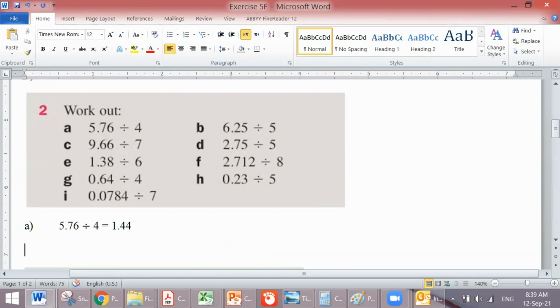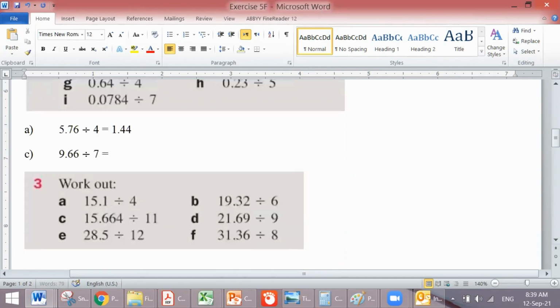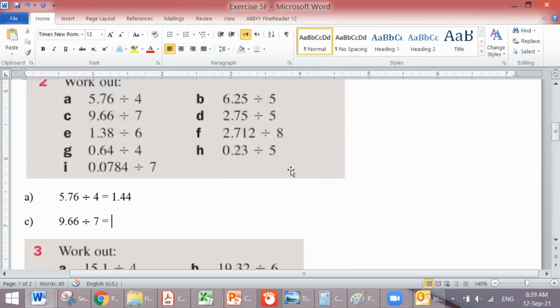So next one, I am going to do part C. That is 9.66 divided by 7. So this value I will write first in my division form.